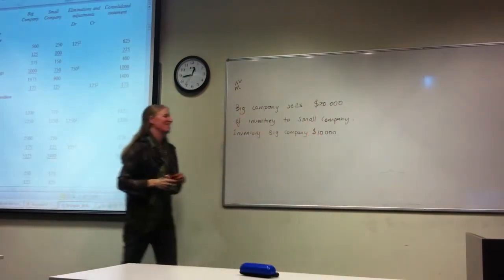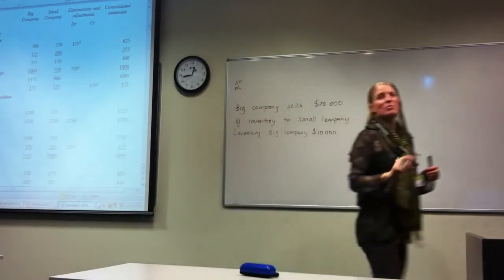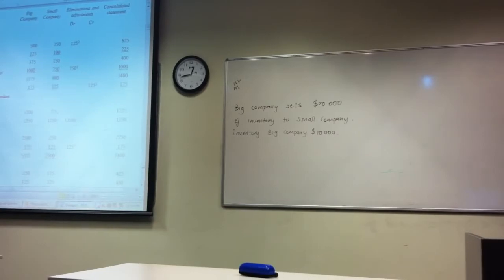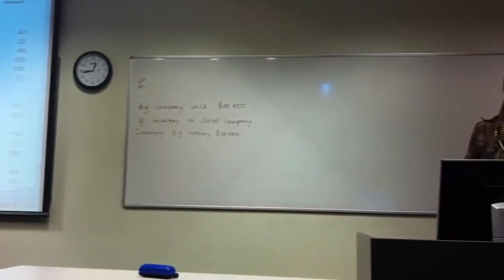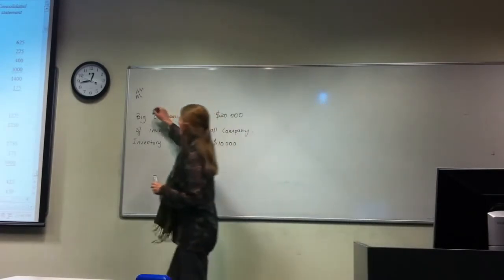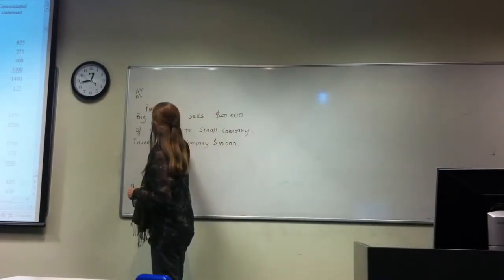Right. Okay, so this is a very common thing that happens. You have inventory being sold from one company to the other company, and both of those companies are within the same group. Big Company is the parent company.